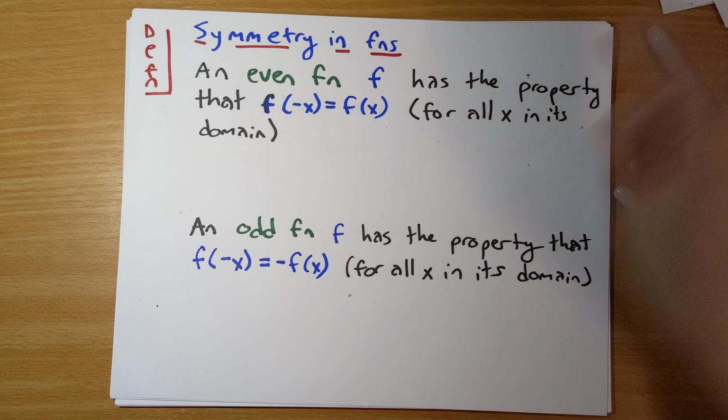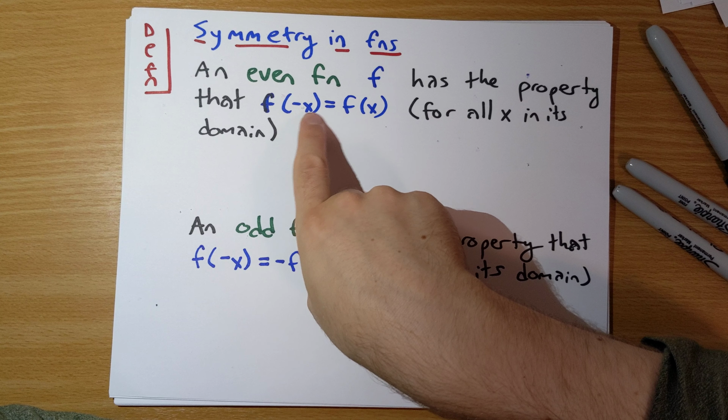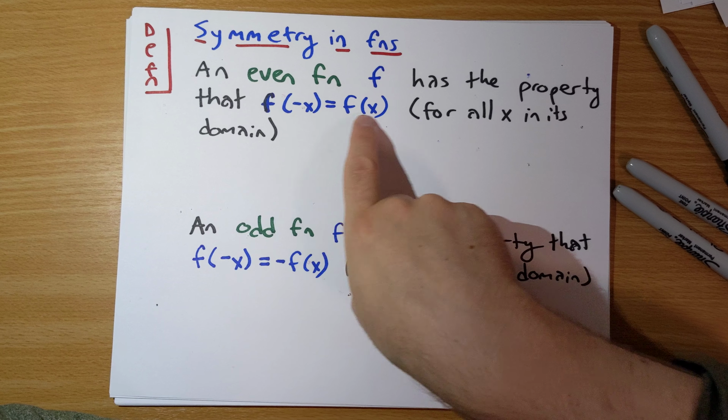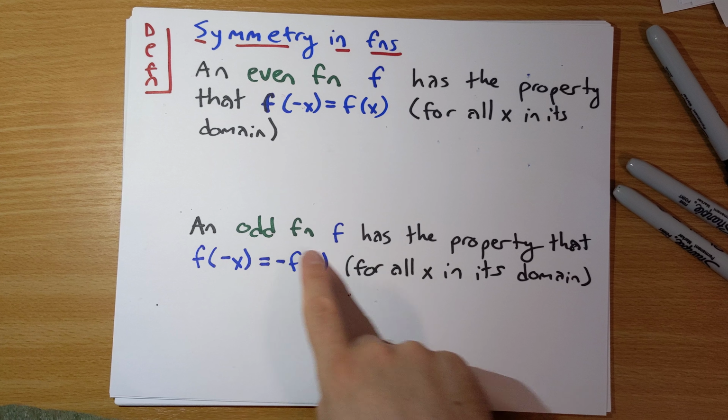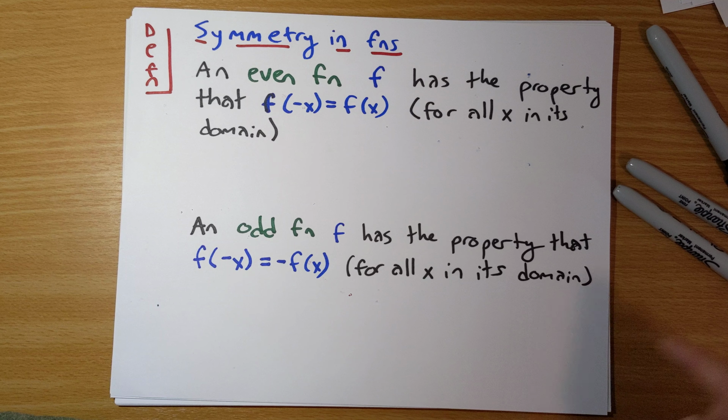For symmetry and functions, an even function f has the property that f(-x) = f(x) for all x in its domain. An odd function f has the property that f(-x) = -f(x) for all x in its domain.